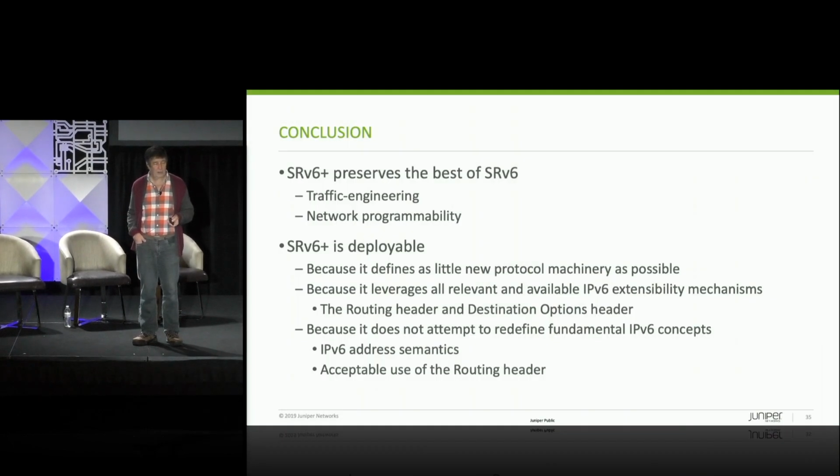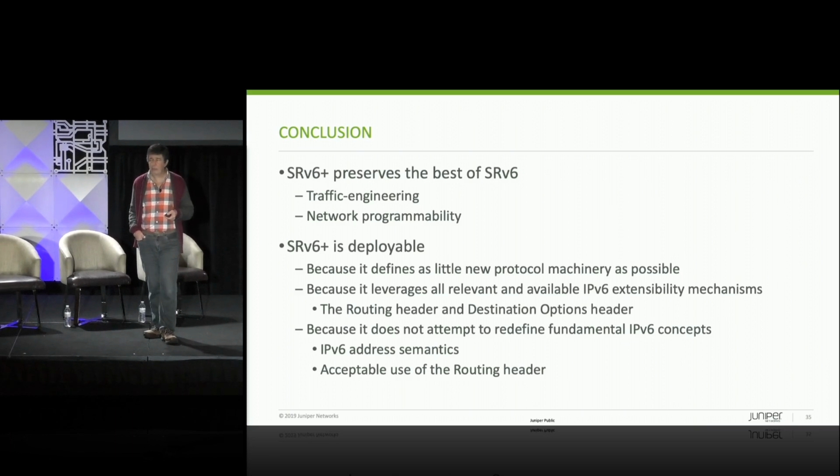So what conclusions do we have here? SRv6+ preserves the best of SRv6: it's traffic engineering, it's network programmability. But SRv6+ is more deployable because it defines as little new protocol machinery as possible.